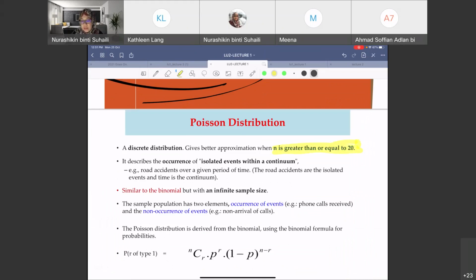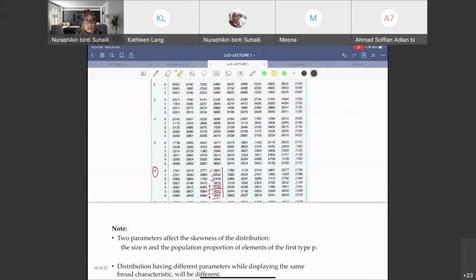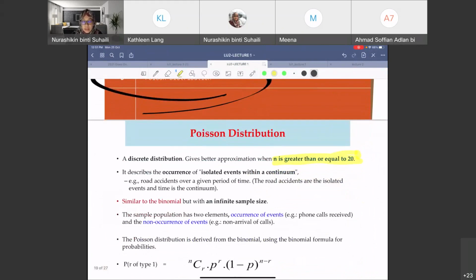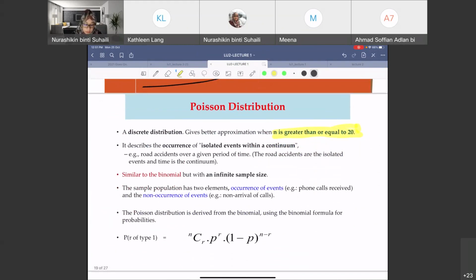Just now you saw the examples where n is only 6, so it's small. When n is less than 20, you use binomial. When n is equal or more than 20, you use Poisson. That's the only difference, but it is an extension of binomial.